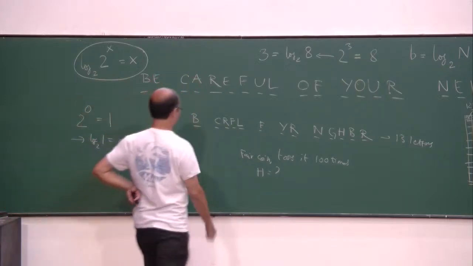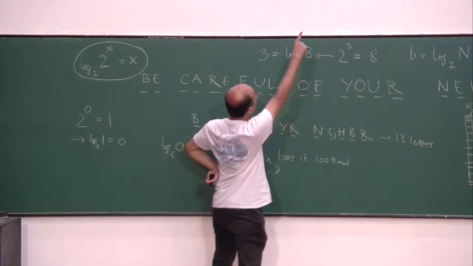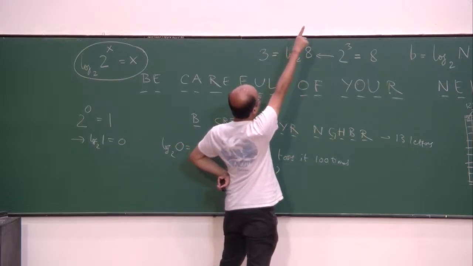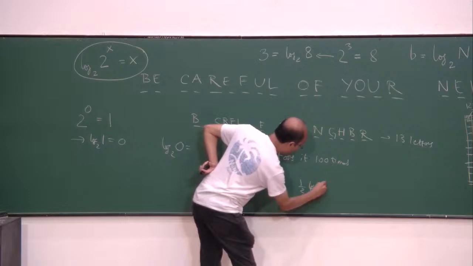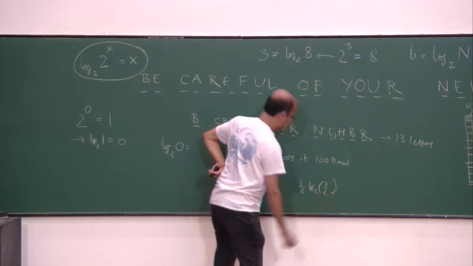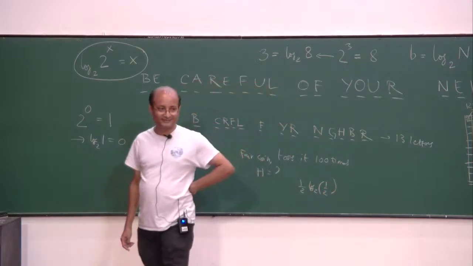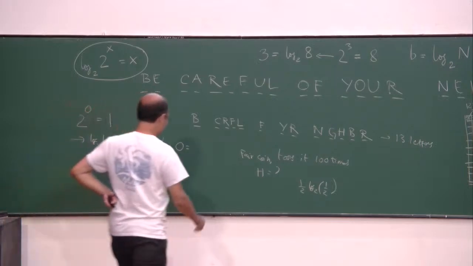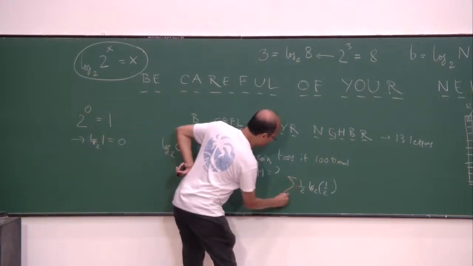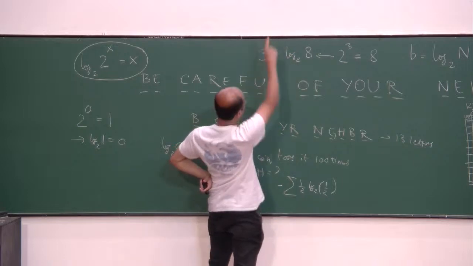So just apply the formula. The probability of any particular outcome is half. Log base 2 of half. By the way, what is log base 2 of half? Minus 1, right? And you sum over, and remember there's a minus sign here.